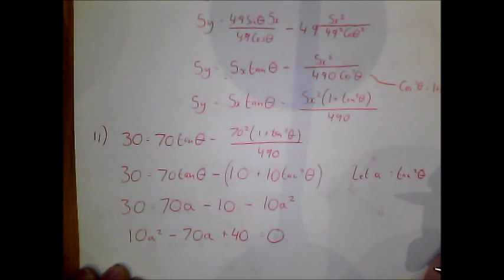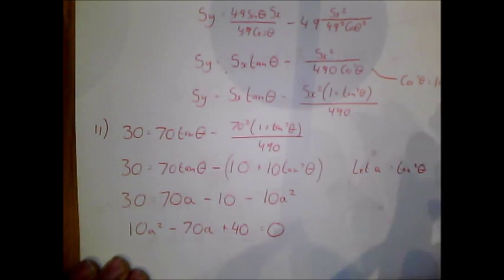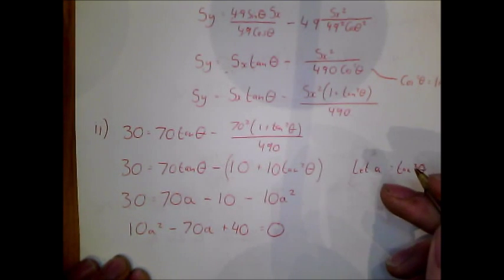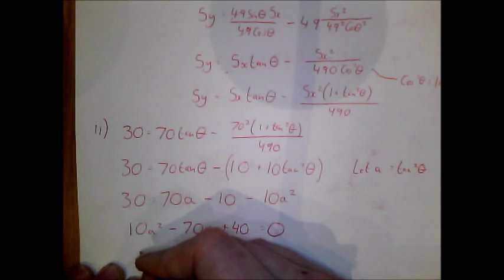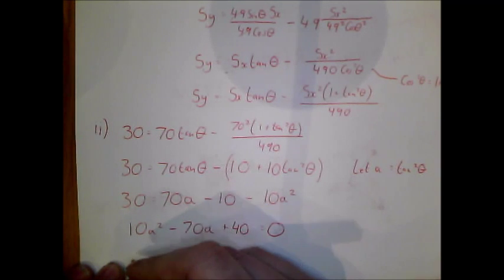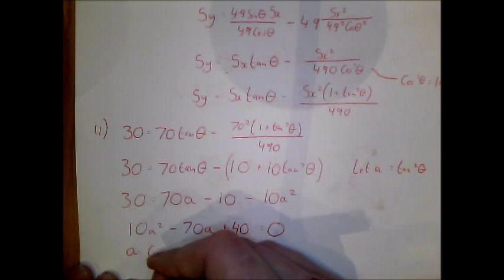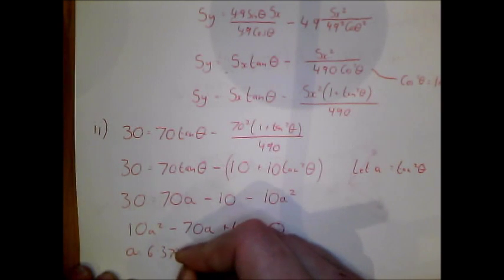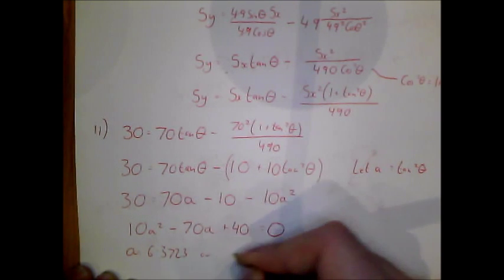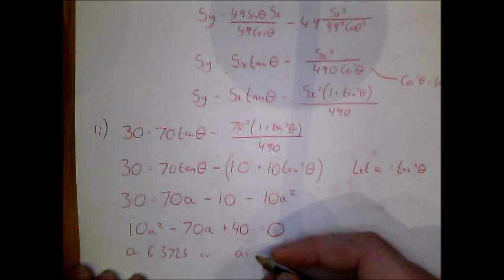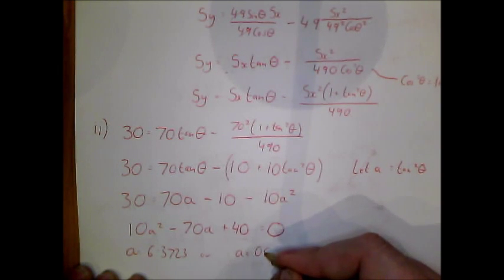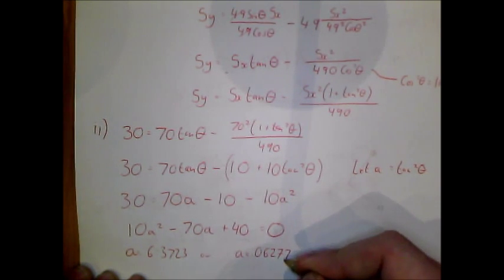And now we just use the quadratic formula, or if you have a decent calculator, your calculator will do that for you. And eventually we should get A equal to 6.3723 or A equaling 0.6277.